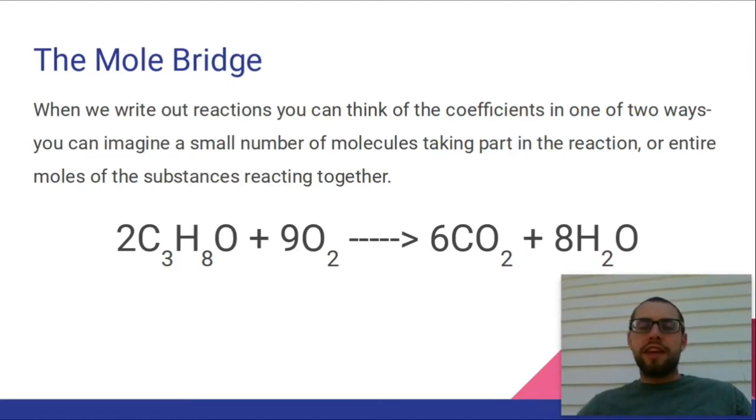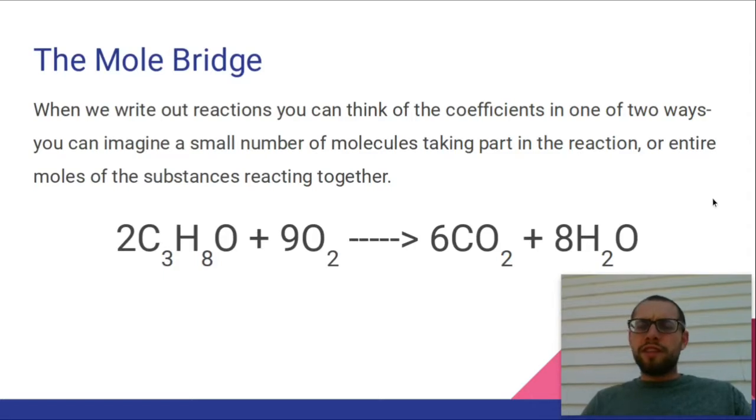It's no different than saying 2 dozen, 9 dozen, 6 dozen, 8 dozen. It's just a bigger number. A mole is a bigger number than a dozen. So this lets us go from a very small microscopic scale to a big macroscopic scale. The mole bridge, this is the last time I'm going to say it on this slide, is a ratio of the coefficients between the reactants and products.